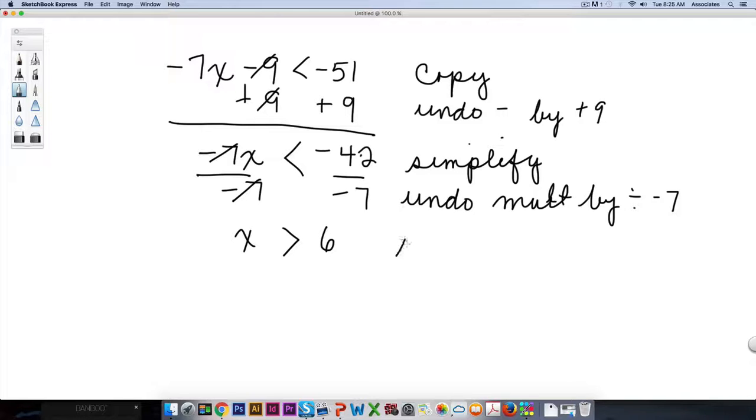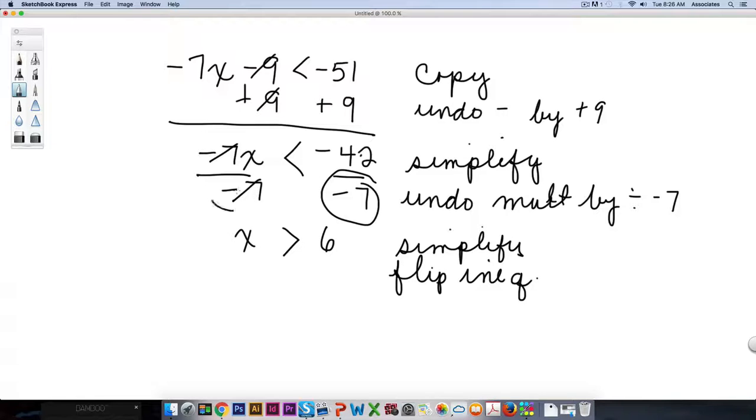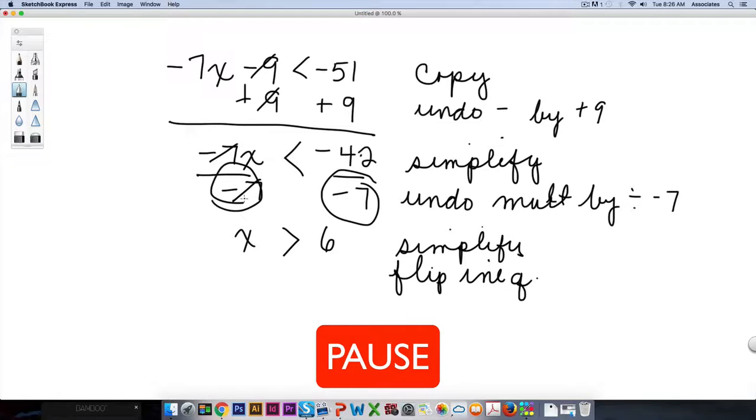So I've done two things. I've simplified, and I have flipped the inequality. Why did I flip it? Because I divided by a negative. If those were positives, it wouldn't flip. So teacher, pause the video until students have everything checked, and I'll meet you back here in a minute.